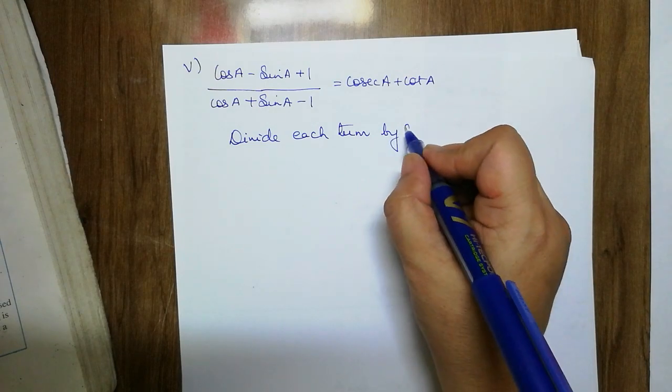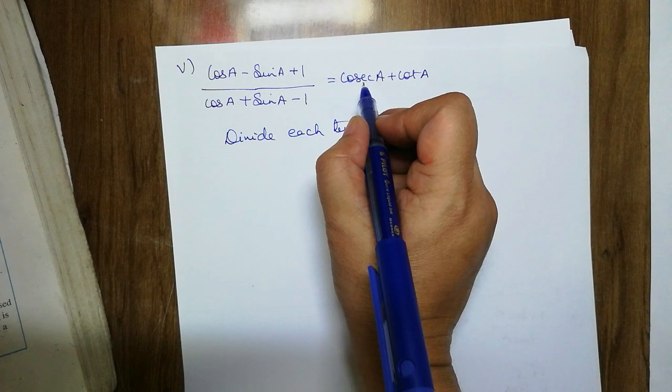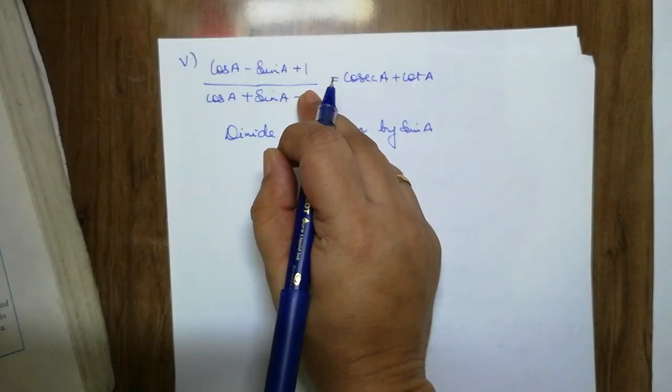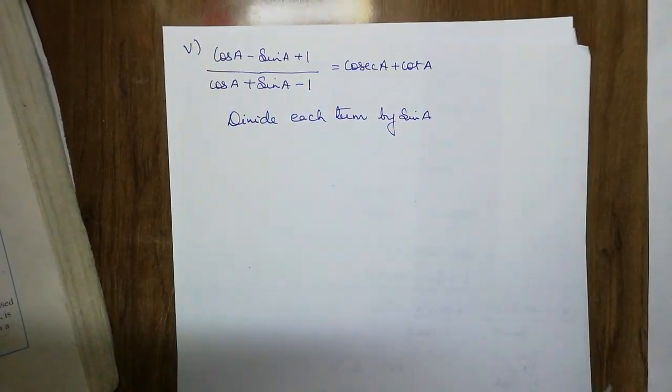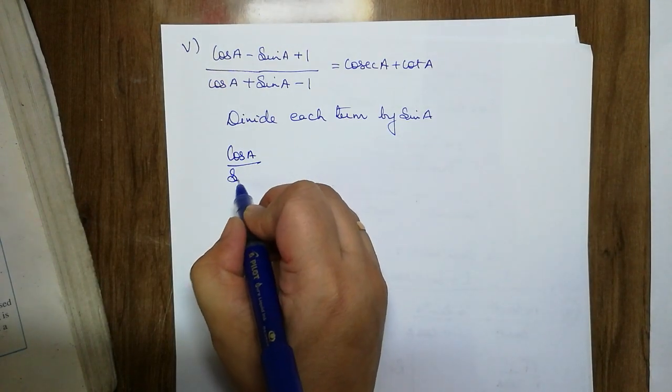Divide each term by sine A. If it was secant, then it would be cos, then this will be tan, so we would divide throughout by cos. But now we are dividing each term in the LHS by sine theta. Try to understand, it is very simple.